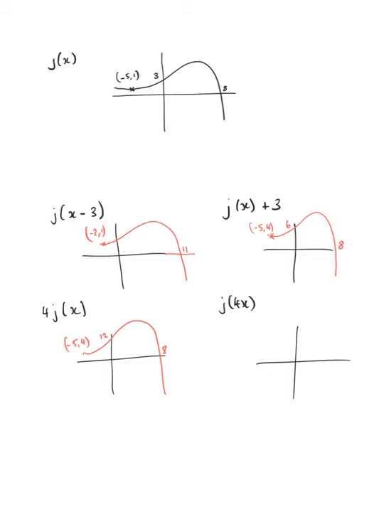And here it's inside the bracket, so it's going to do the opposite of what I expect, but change things horizontally. So it's going to be the same shape, but a bit squished. Instead of going through 8, it'll go through 2 there. It still goes through 3, that's made no difference at all.